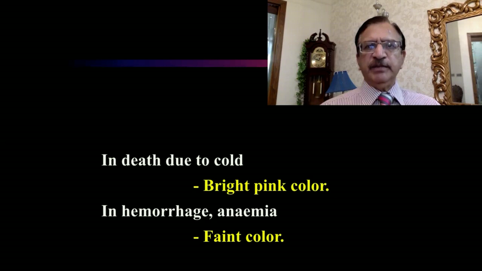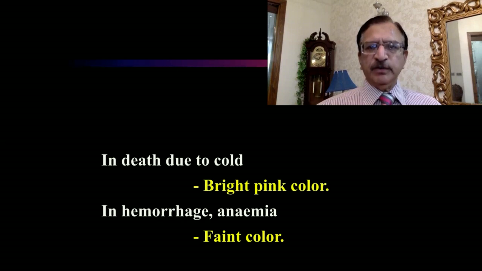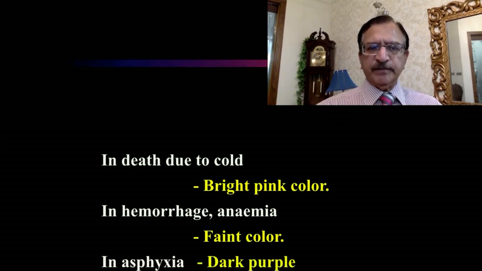As due to hemorrhage, the blood has been lost and very little amount of blood is available for development of postmortem staining. So faint marks of hypostasis will be seen in conditions of hemorrhage. And in asphyxia, it is dark purple color because of deoxygenated blood.